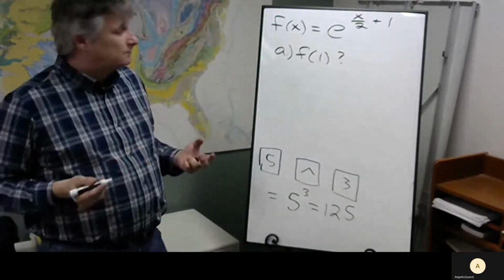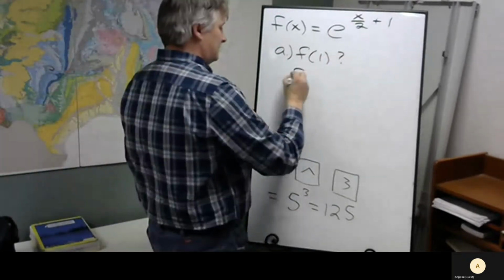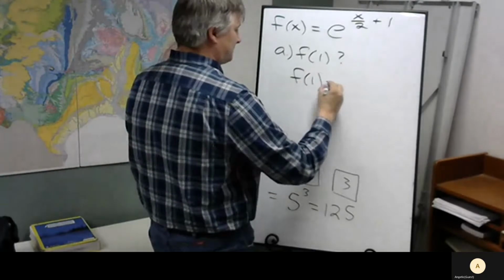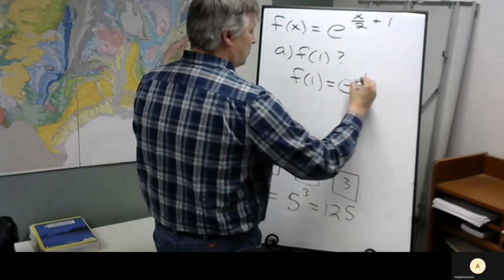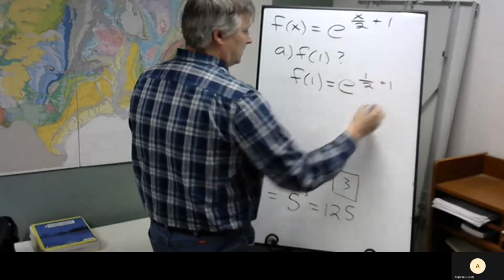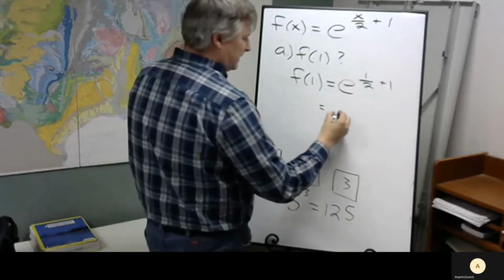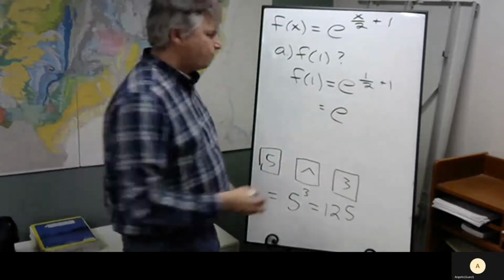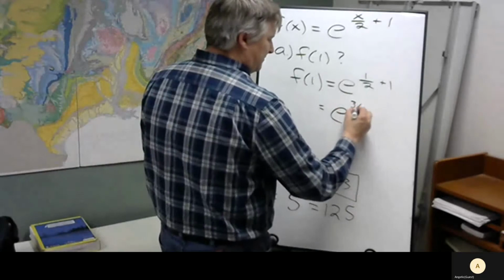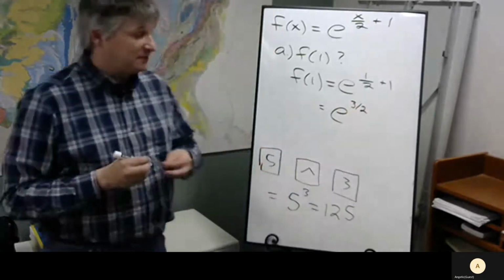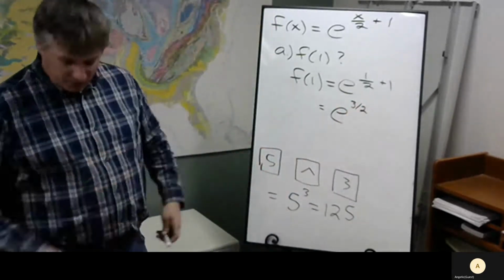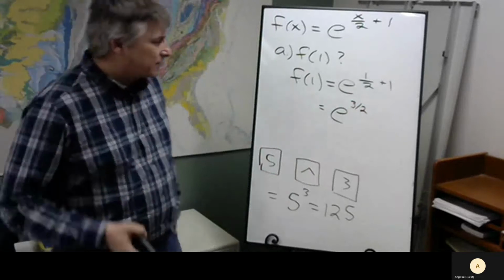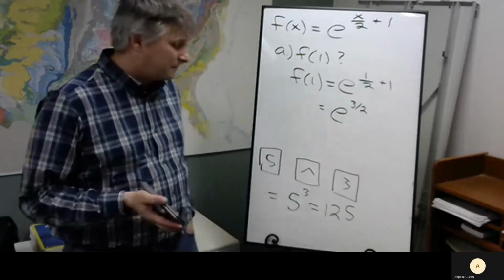So f of 1 will be e to the 1 over 2 plus 1. And if you add your fractions, you'll get e to the 3/2 or e to the 1.5. I'm going to do 3/2 instead. And this one I'd recommend using a calculator. They're going to want you to use one.